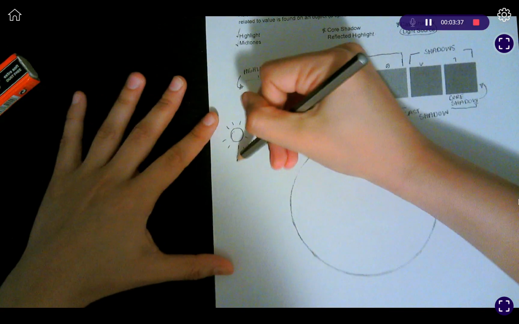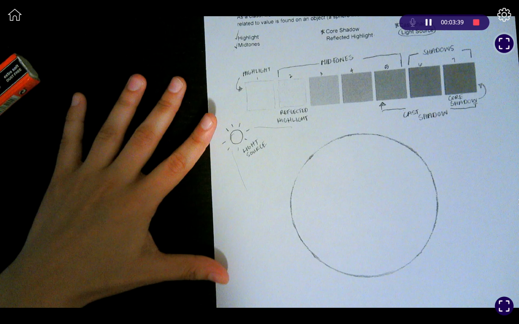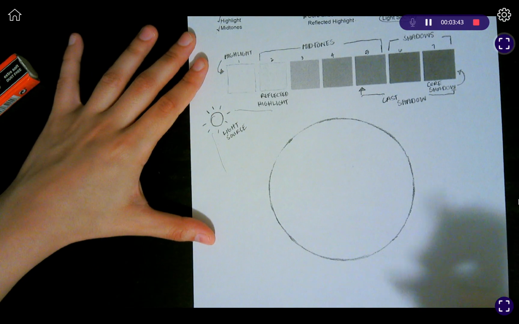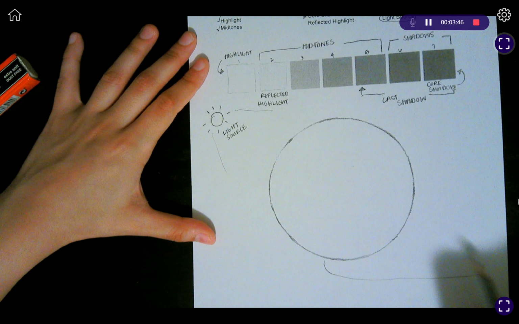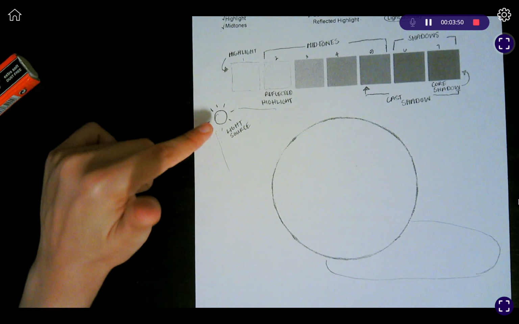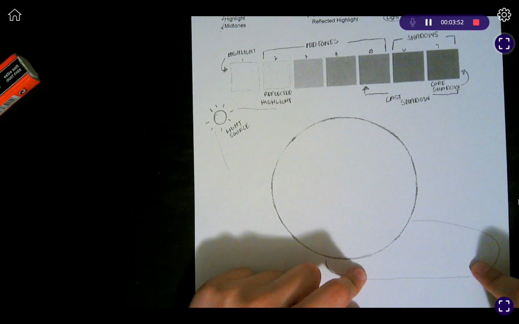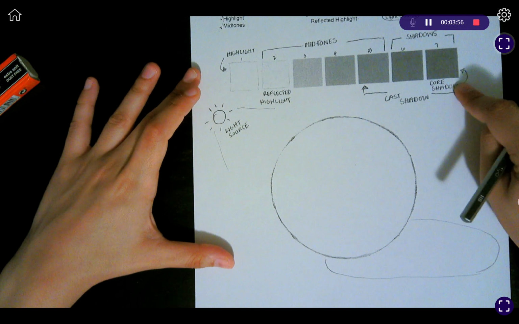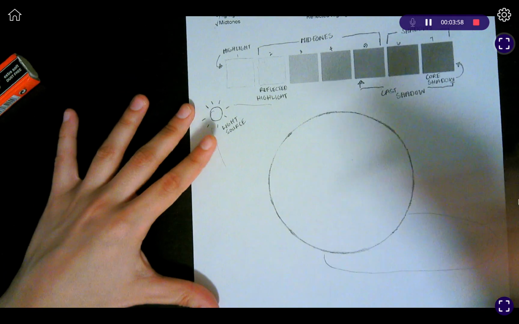If the light is hitting like this, that means that the shadow this sphere is producing will now be over here on the right side. So if the light source is on the left, the shadow is on the right side. If the light source is on the right side, the shadow would then be on the left side.